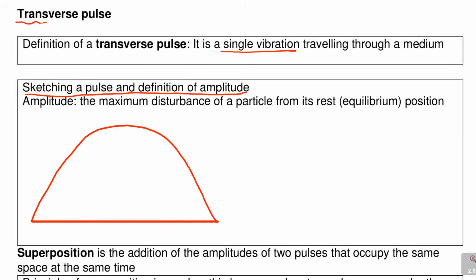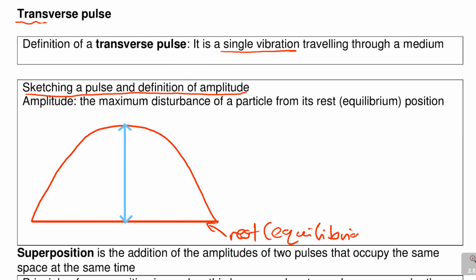Now with that being said, when you're talking about a pulse, we mentioned what we call an amplitude. This is the distance from the highest point to the bottom. Now I want to label a few things here. We call this line at the bottom rest, or equilibrium. It is the starting point.